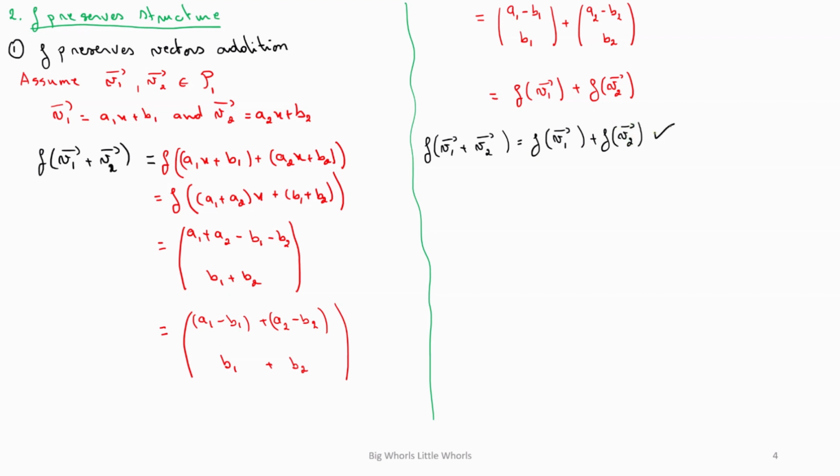So here we have proved that f preserves vector addition. The next step is to prove that f preserves scalar multiplication. So I will go to the next page.